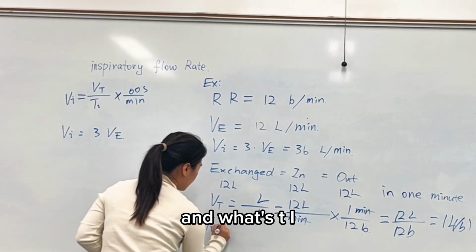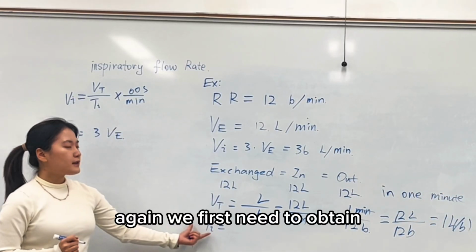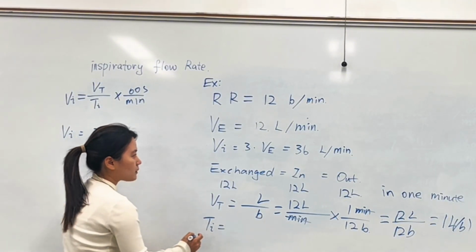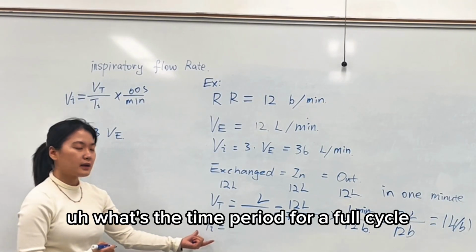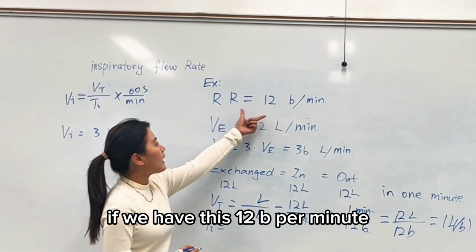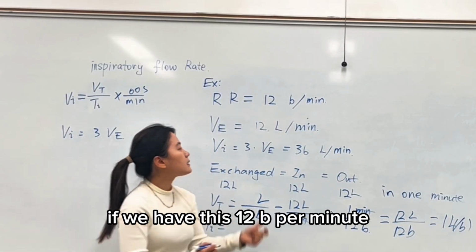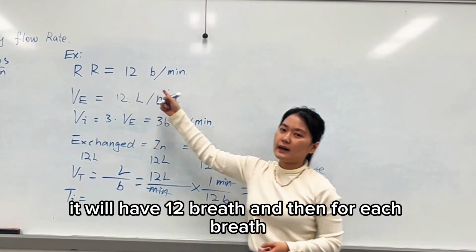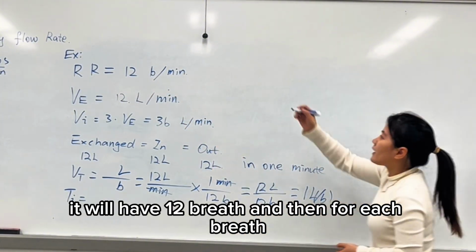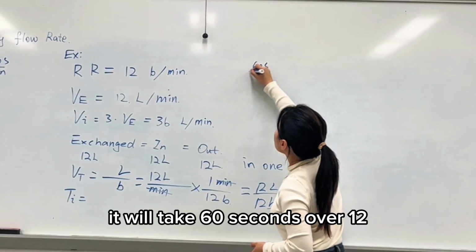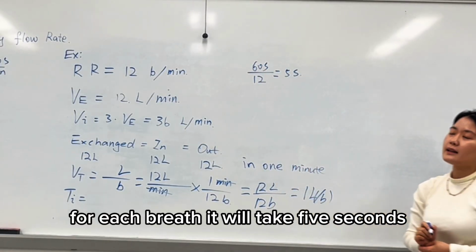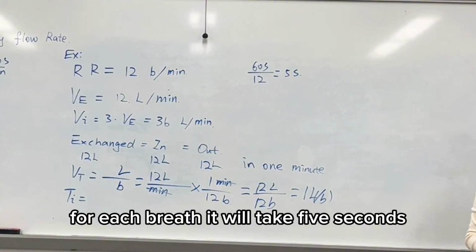What's TI? Again, we first need to obtain the time period for a full cycle. If we have 12 breaths per minute, that means in 1 minute there are 12 breaths, and each breath takes 60 seconds over 12, which is 5 seconds.